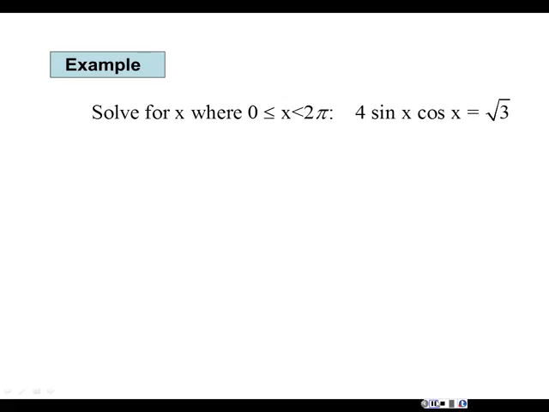So here now we can divide both sides by 2. Sine 2x equals square root 3 by 2. Now what? Root 3 by 2 equals sine 60, right?